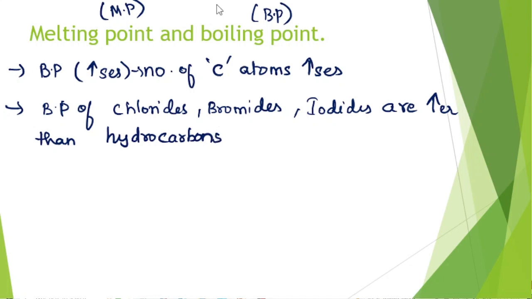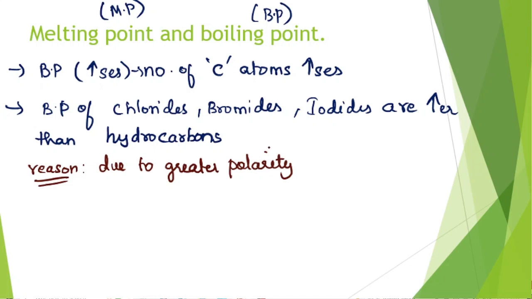The reason is that due to greater polarity. You know what polarity is, right? Due to greater polarity, the boiling point of chlorides, bromides and iodides is greater.